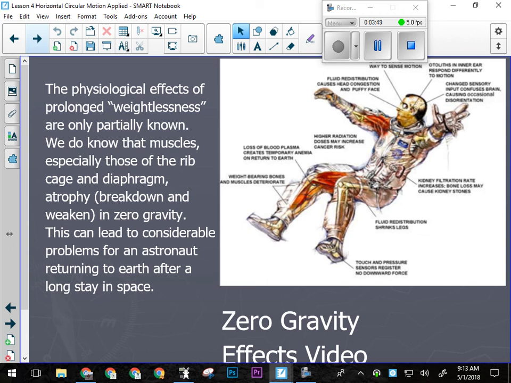So astronauts tend to lose a lot of their bone density while in space. In fact, this was one of the things that Chris Hadfield was studying the effects of when he was in outer space. When he came back, his bone density was like that of a 60 or 70-year-old person, because he just hadn't been exposed to a lot of forces that could make his bones get stronger.